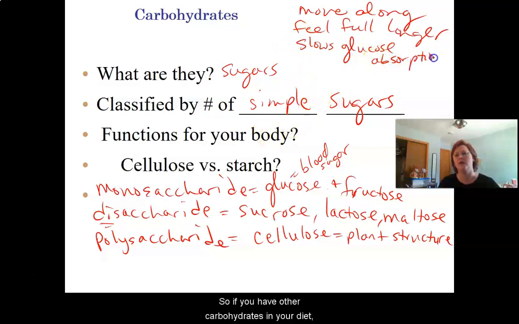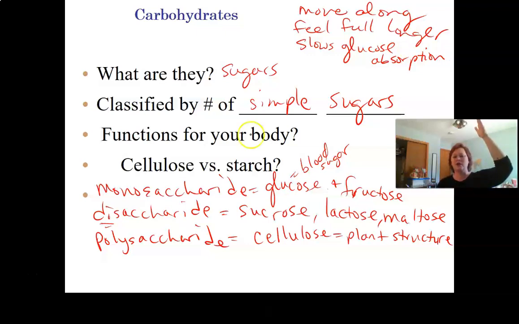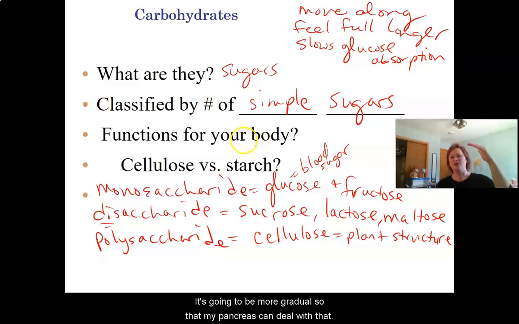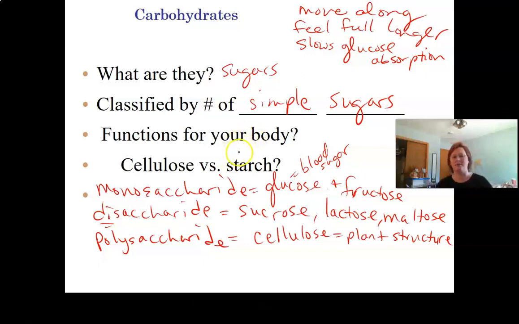So if you have other carbohydrates in that particular meal, and I also have these cellulose molecules, these dietary plant fibers, then I'm not going to get as big a spike of blood sugar. It's going to be more gradual so that my pancreas can deal with that. So I need cellulose in the diet, but not for energy. I need it for these reasons.